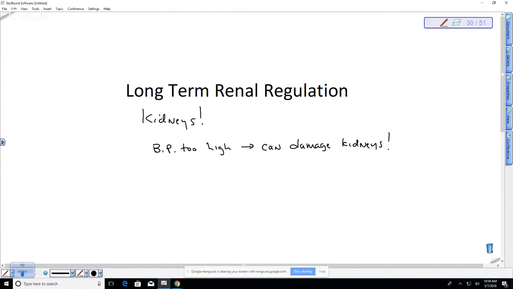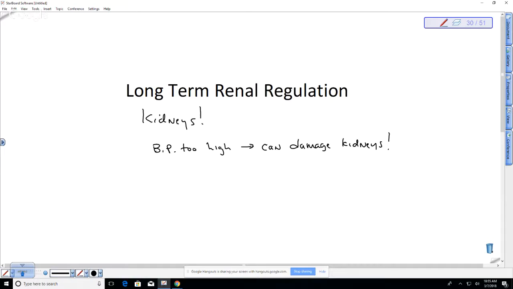So hypertension can actually lead to kidney failure. You can tell if your kidneys have been damaged because there's blood in the urine. Normally there should be no red blood cells in the urine. So if you're urinating and it looks like there's blood in your urine, you know there's something wrong with your kidneys.